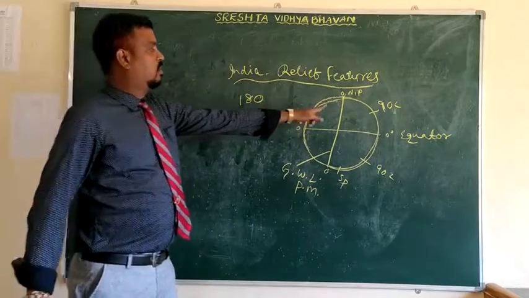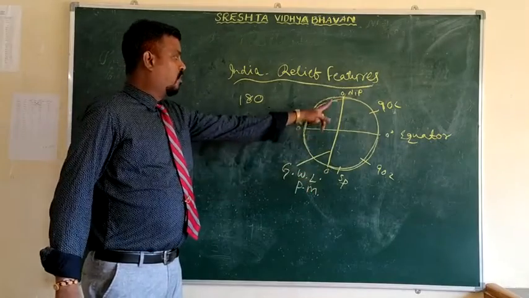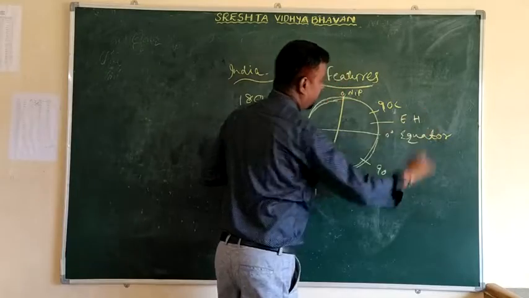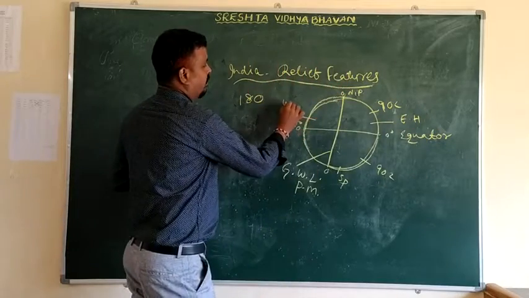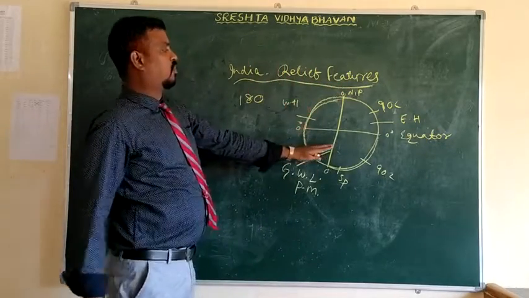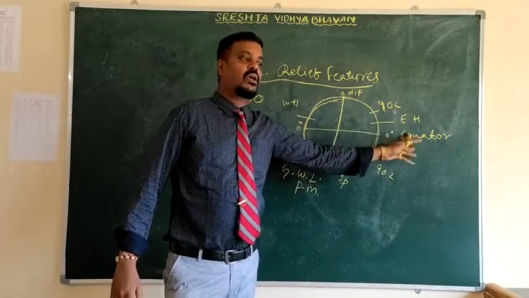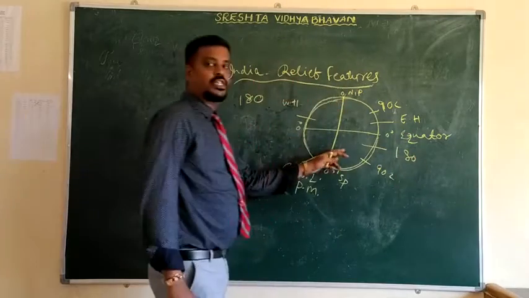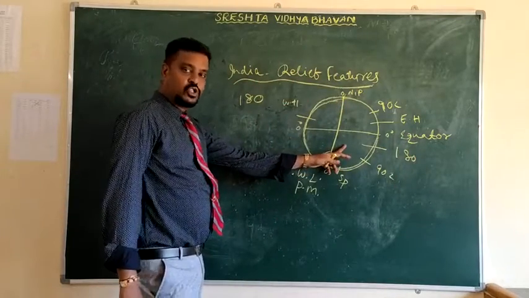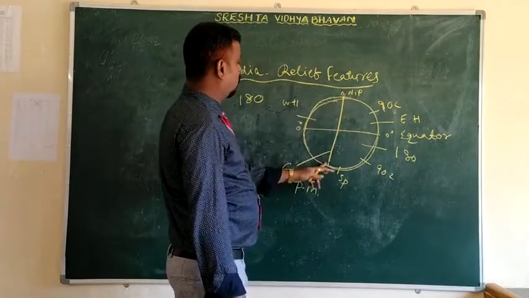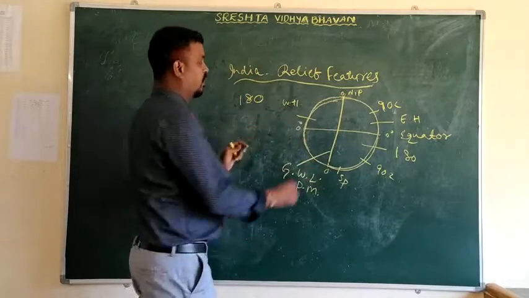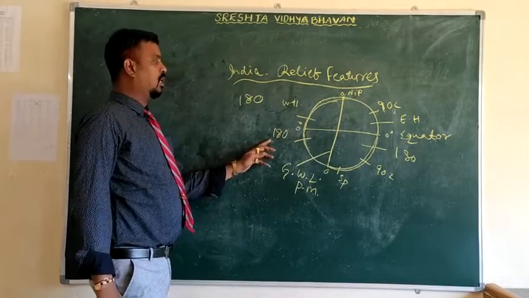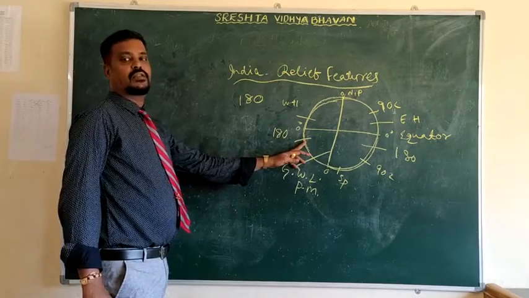From 0 degree longitude, this is called eastern hemisphere and this is called western hemisphere. From 0 degree to the eastern hemisphere, 180 longitudes are there, and from 0 degree to the western hemisphere, 180 longitudes are there. So total 360 longitudes are there.